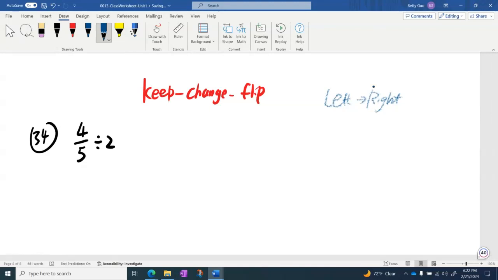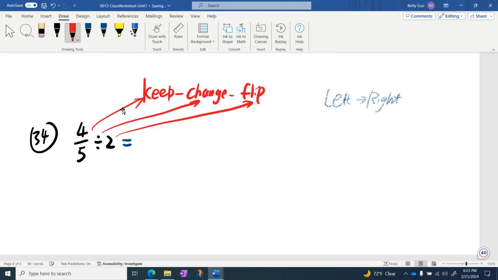From the left to the right, we see 4/5 first, and that's the number we need to keep. And then we see the division symbol, and that's the symbol we need to change. And then we see the number 2 behind the division symbol, and that's the number we need to flip.